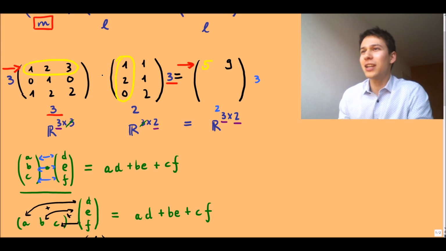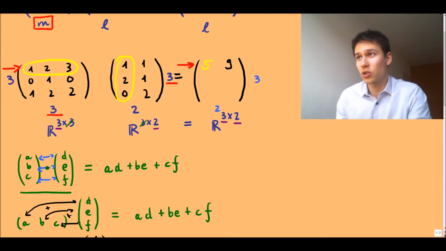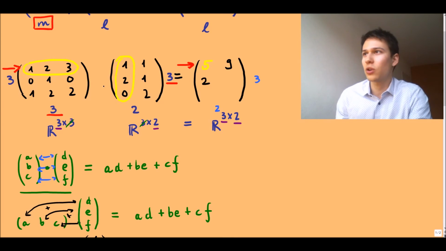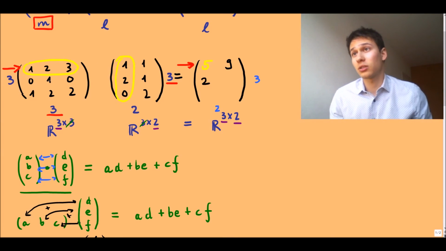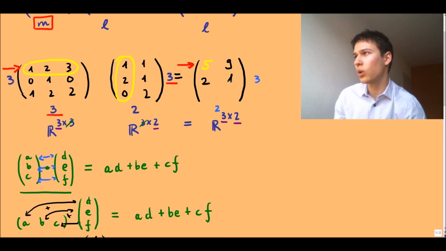So let's finish this by looking at this entry here, which would be now the second row, so 0 times 1 plus 1 times 2 plus nothing, so we have a 2 standing here. Then again 0 times 1 plus 1 times 1 plus 0 times 2 gives us again a 1.